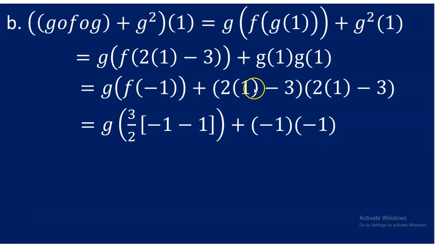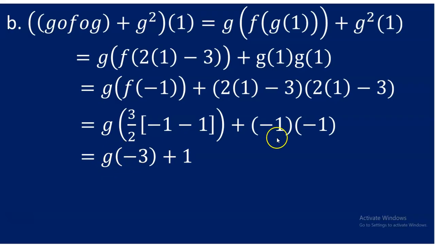So from this step, we can have this one. Now what follows from this is, you see this. Look, minus 1 makes minus 2. Here it is. And here, minus 1 makes minus 2. So minus 2 times 3 is minus 6, divided by 2 makes minus 3. So now we are having g of minus 3.